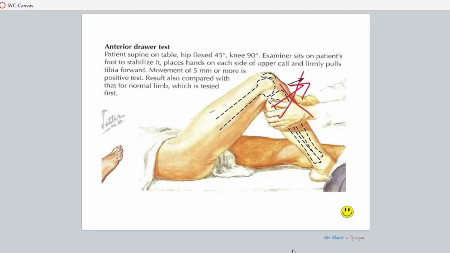It's not supposed to do that, but if your ACL is damaged, then you will get forward sliding. And if you get a certain amount of forward sliding, then that indicates that there is damage to the ACL. And they call this the anterior drawer test because it's like you're opening a drawer and you're moving it anteriorly.